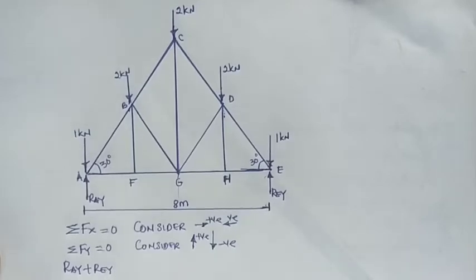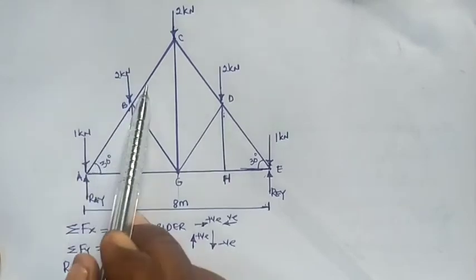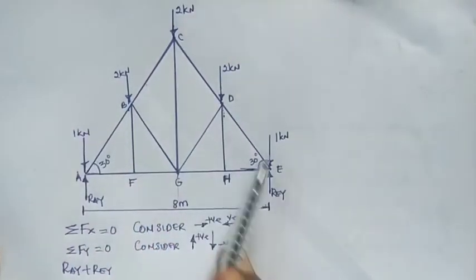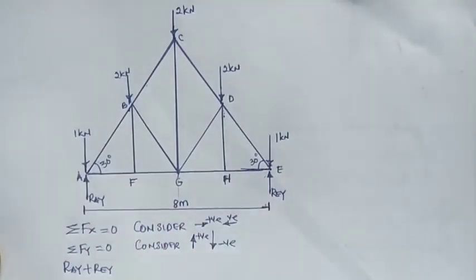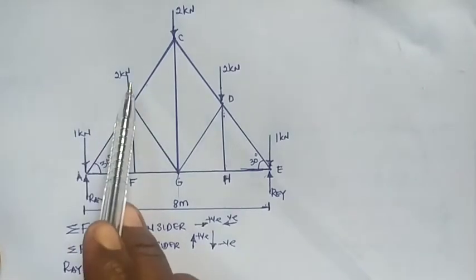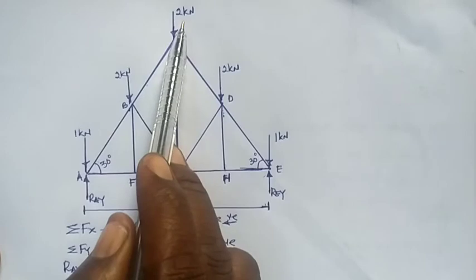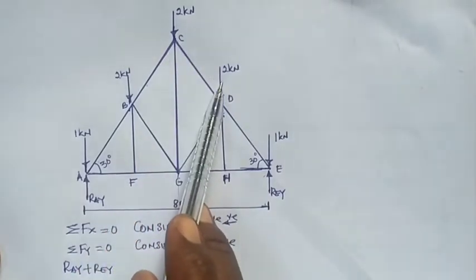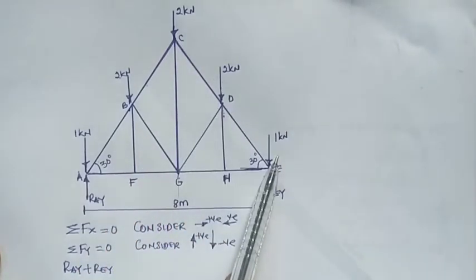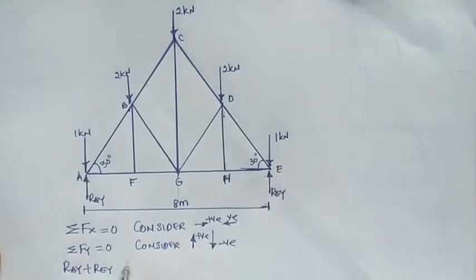Now the next thing is we have 1, 2, 2, 2, 1. They are all facing downward, so we are going to add all of them together. 1 plus 2 is 3, plus 2 is 5, plus 2 is 7, plus 1 is 8, right? So we'll be having minus 8 kilonewton equals 0.